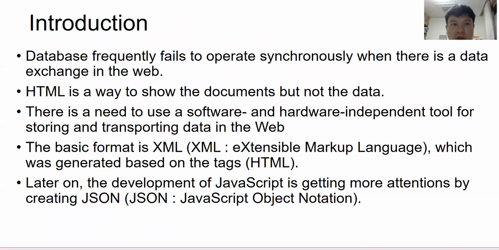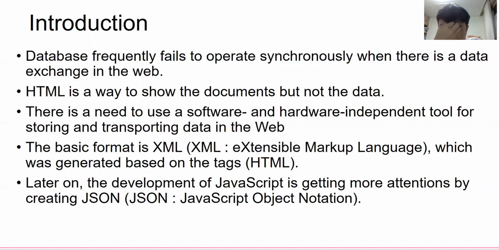So first, when we deal with XML and JSON, we need to understand about the database. A database frequently fails to operate synchronously when there is a data exchange on the web. If you have your database like SQLite, it is in your computer.